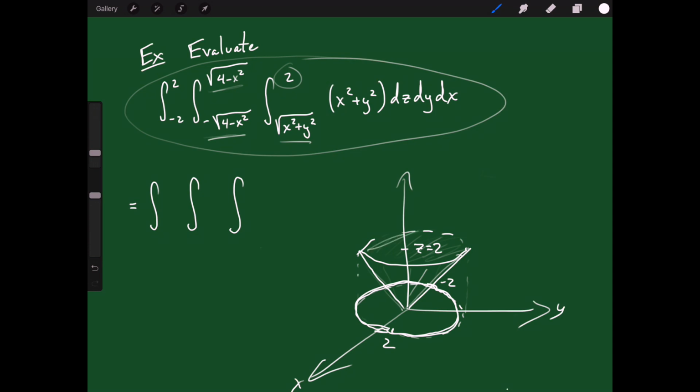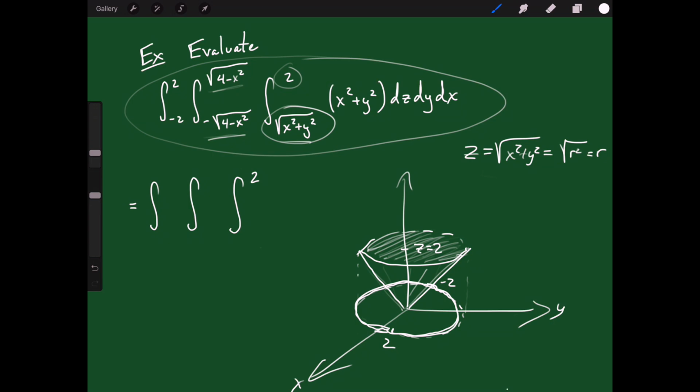Certainly the top surface up here is z equals 2. That doesn't change. The bottom is the cone, but the cone, instead of writing it as z equals square root of x squared plus y squared, I could write it as z equals the square root of r squared, which is just r. So it's just z equals r.